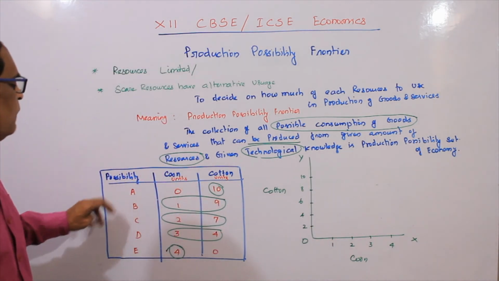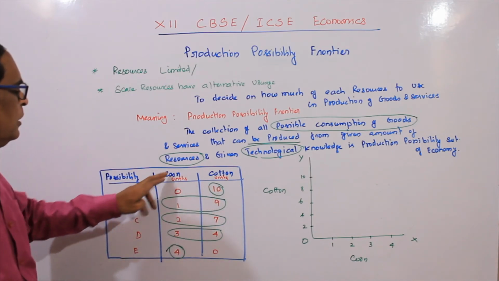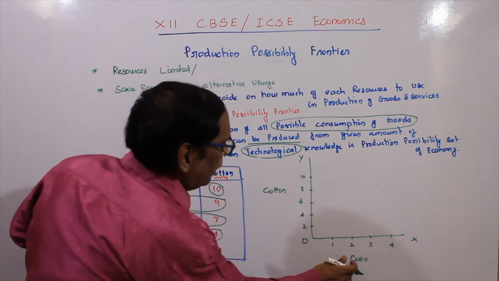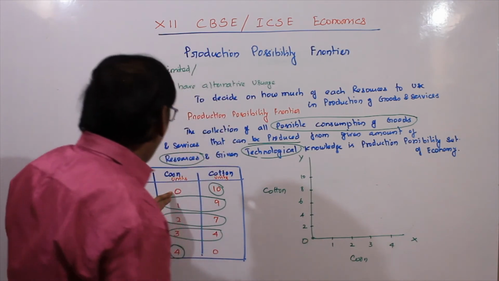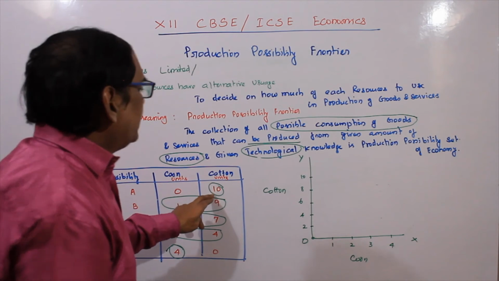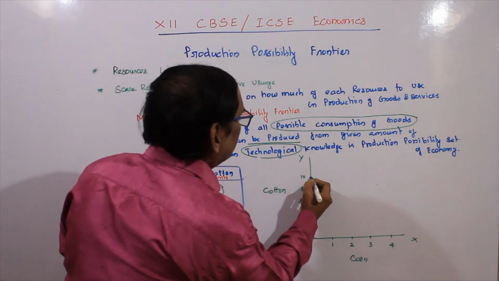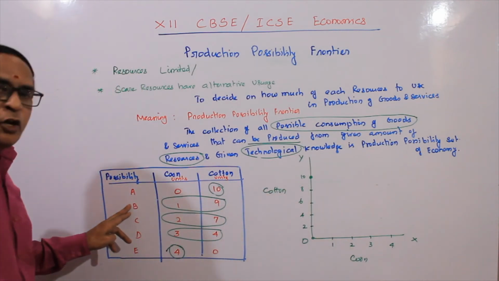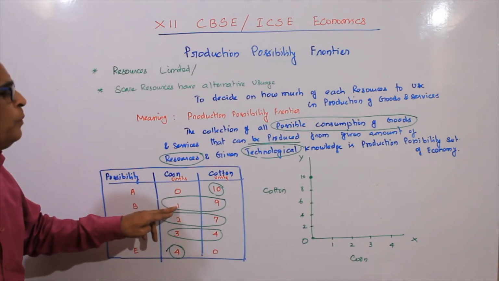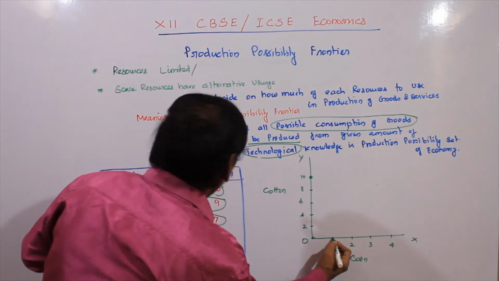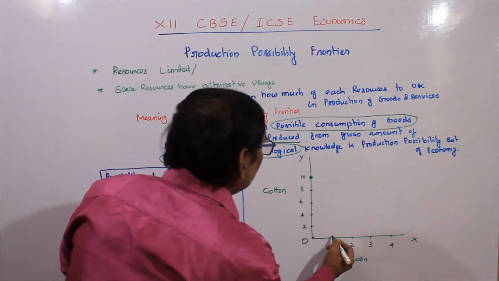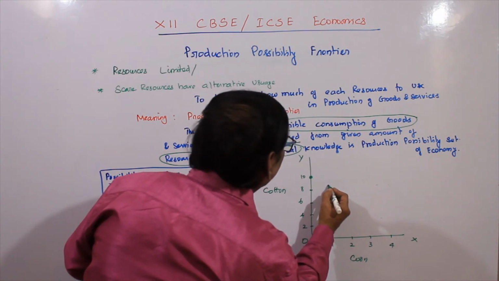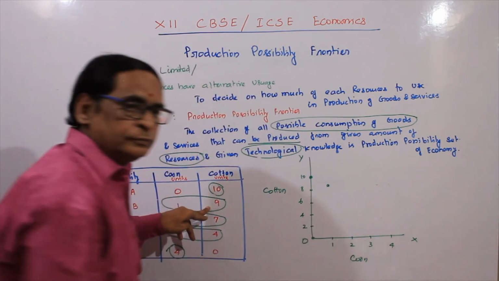So what is the first combination? Corn 0, and then cotton 10. So you can mark this point like that. And then the second combination, corn 1 and cotton 9. Understand? Yes, sir.